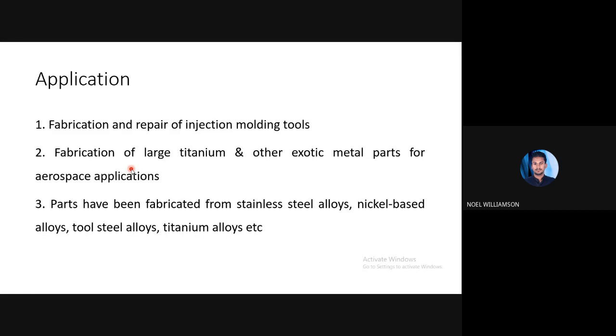One more application given here is parts fabricated from stainless steel alloys, nickel based alloys, tool steel alloys, titanium alloys, etc. So these are the main applications of laser engineered net shaping.